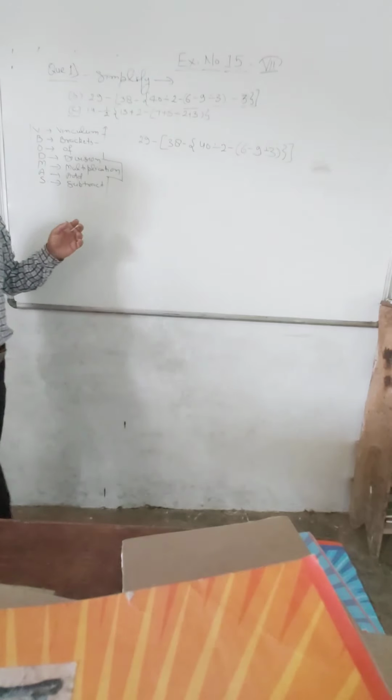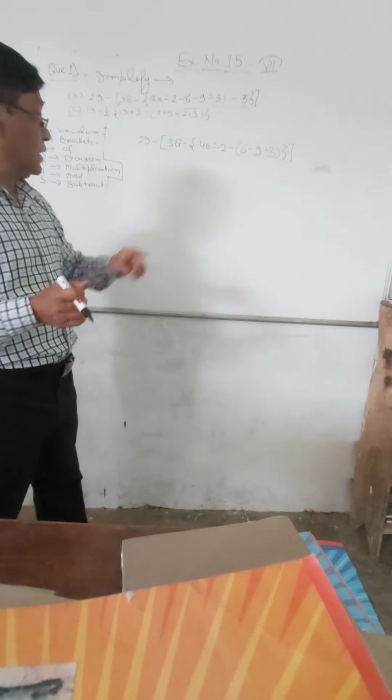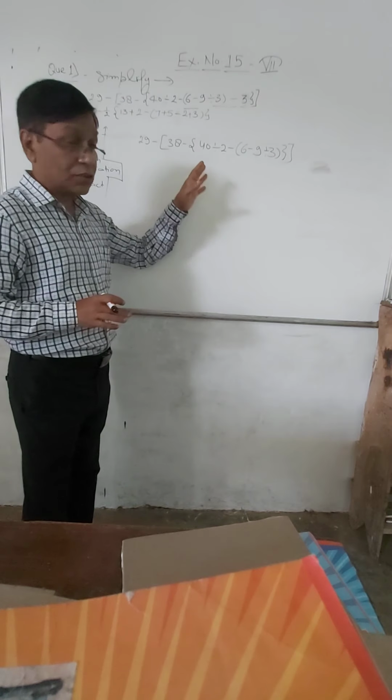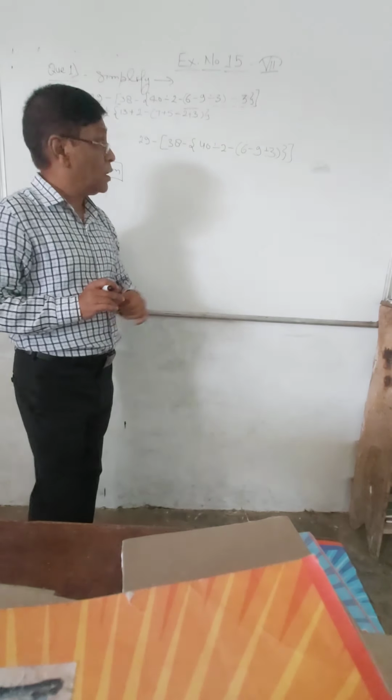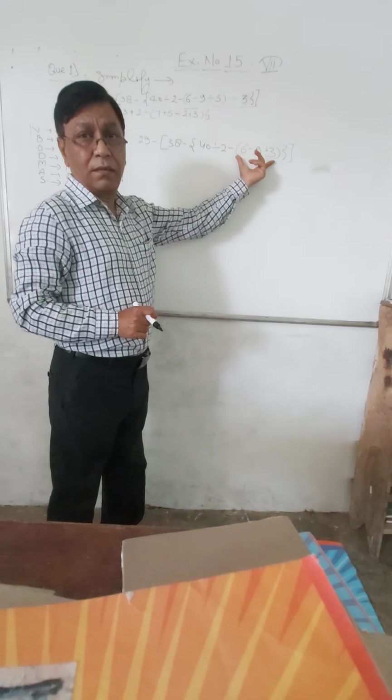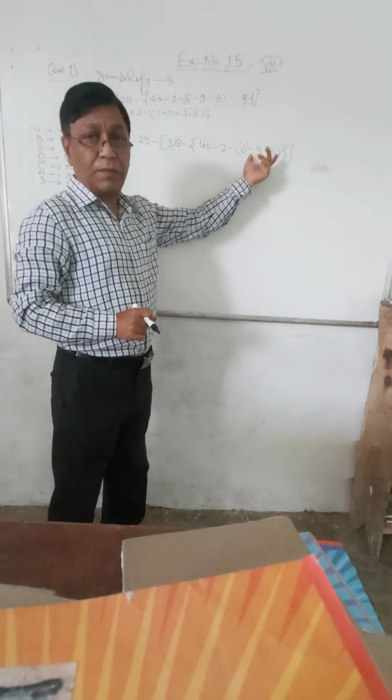Before that, first of all, here there is no line bracket, so leave it. After that, start solving brackets. First see the small bracket; this we will solve first.